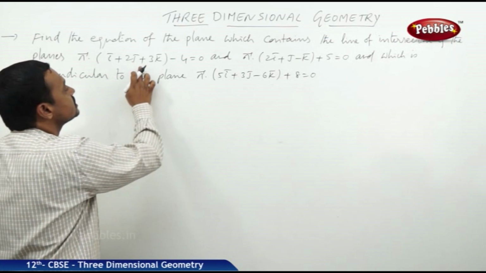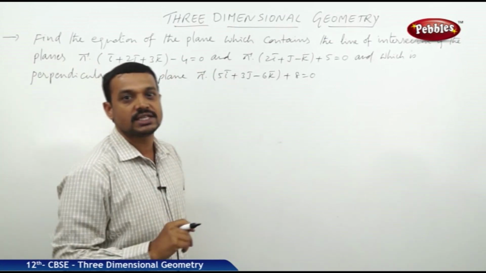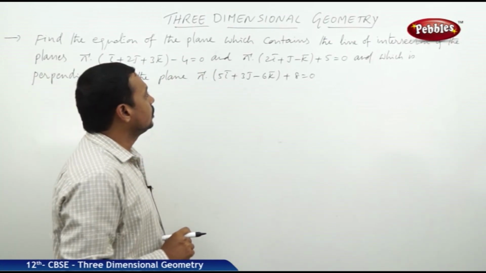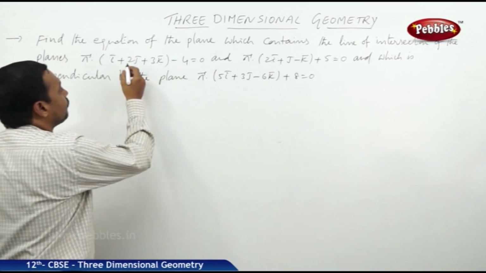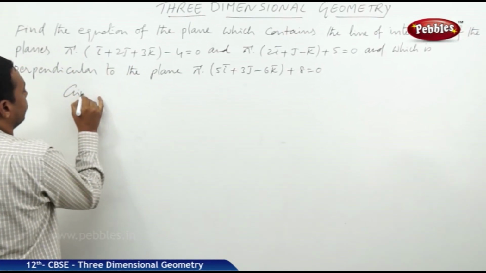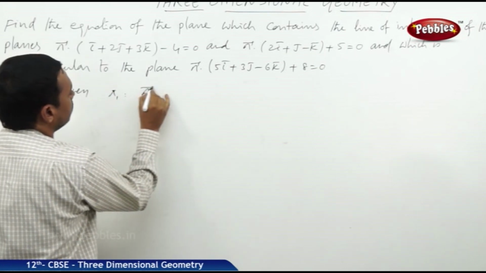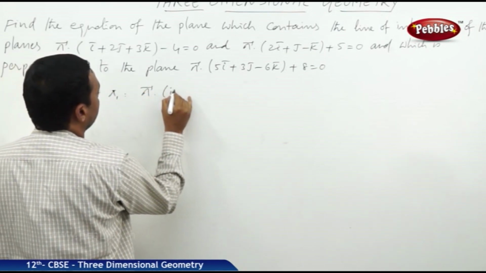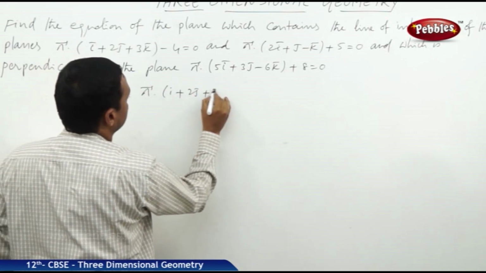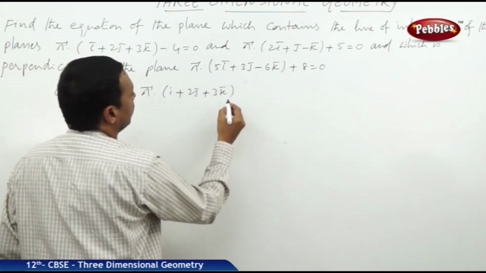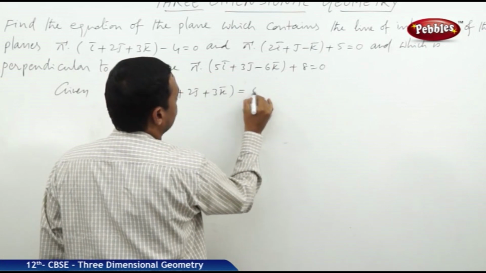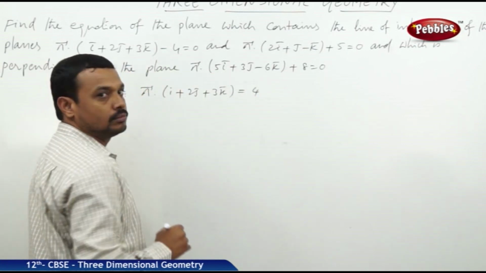and perpendicular to another plane. Now here see, totally 3 planes are given. The first plane, let it be pi 1, that is r dot i plus 2j plus 3k minus 4 is equal to 0, that means it is equal to 4.